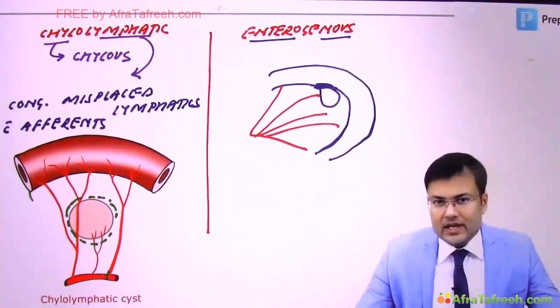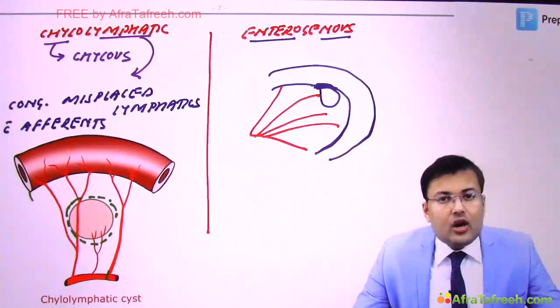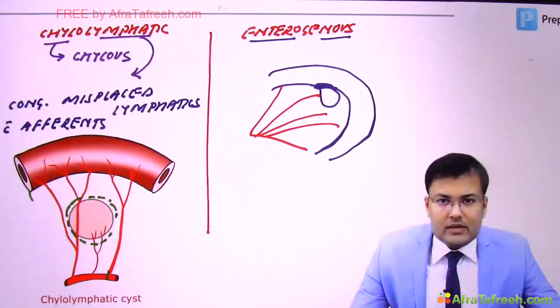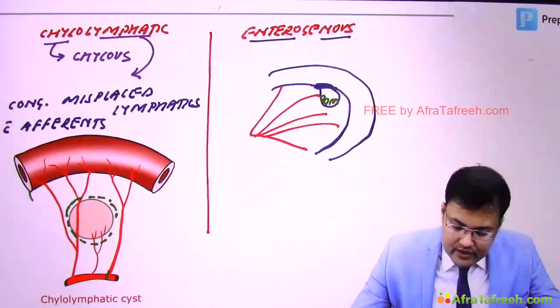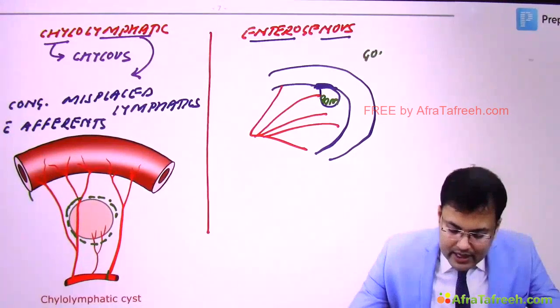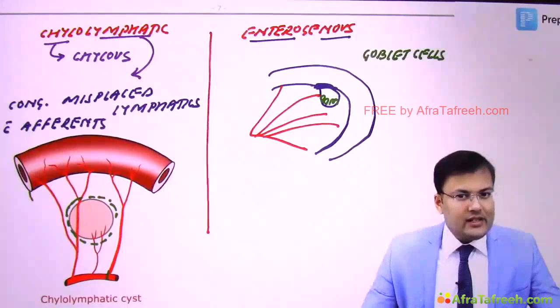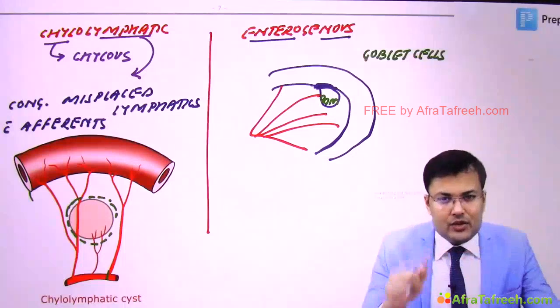This is duplication cyst. Now the problem, what is the lining of small intestine? The lining is columnar epithelium, and in this columnar epithelium, there is presence of goblet cells. These goblet cells are going to secrete mucin, and this mucin keeps on collecting inside the duplication cyst.